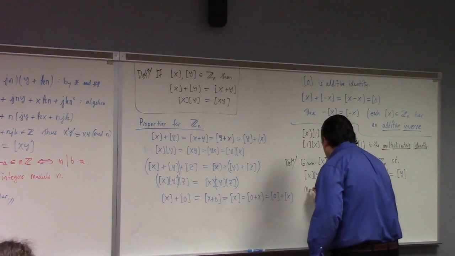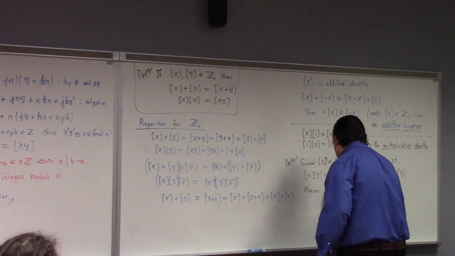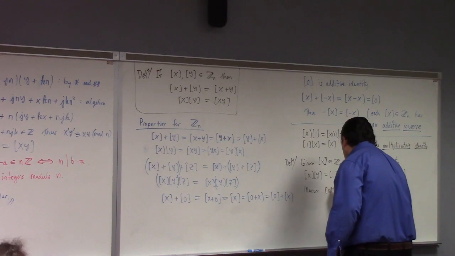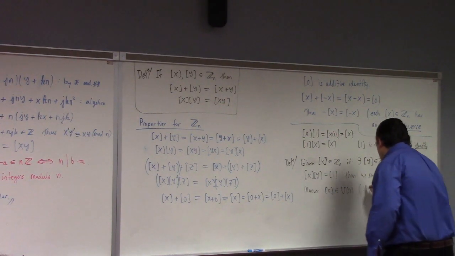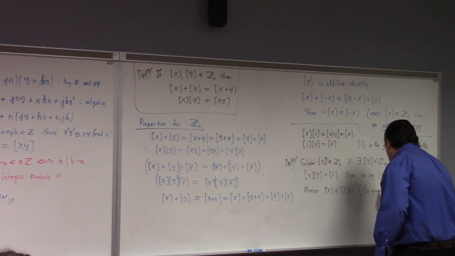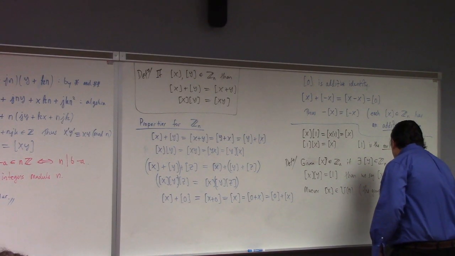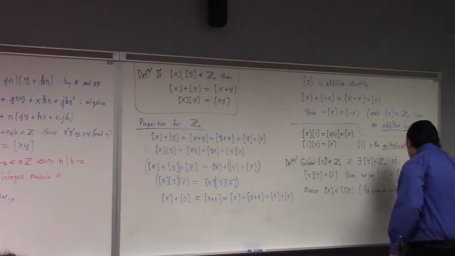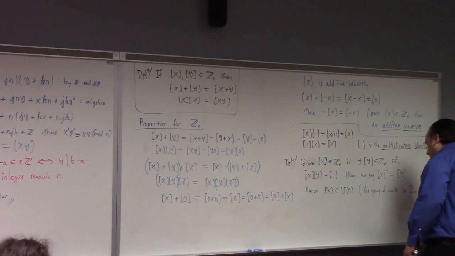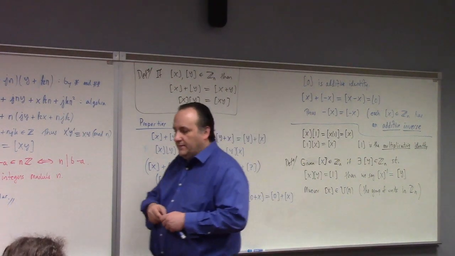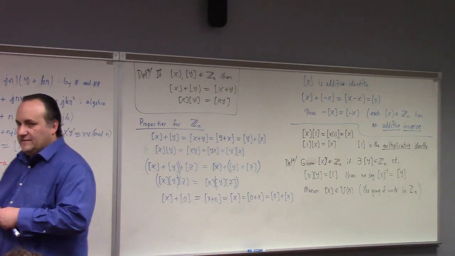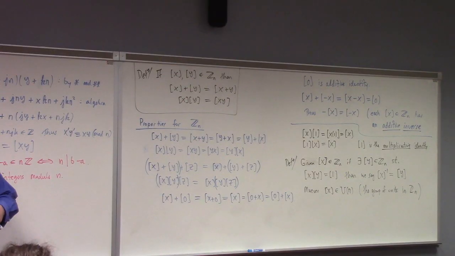Moreover, if x is an element of Un, this is the so-called group of units in Zn. U for units. Not every number in Zn has to be a unit, right?